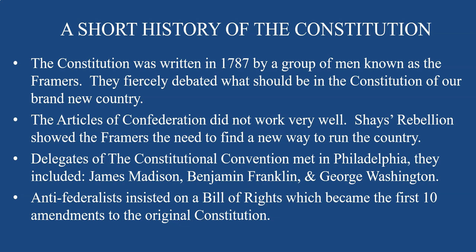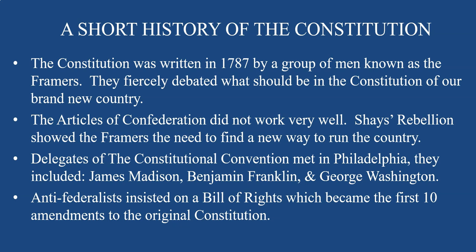The Articles of Confederation, which we have seen before, did not work very well. For example, Shays' Rebellion showed that the framers needed to find a new way to run the country. Delegates of the Constitutional Convention met in Philadelphia.